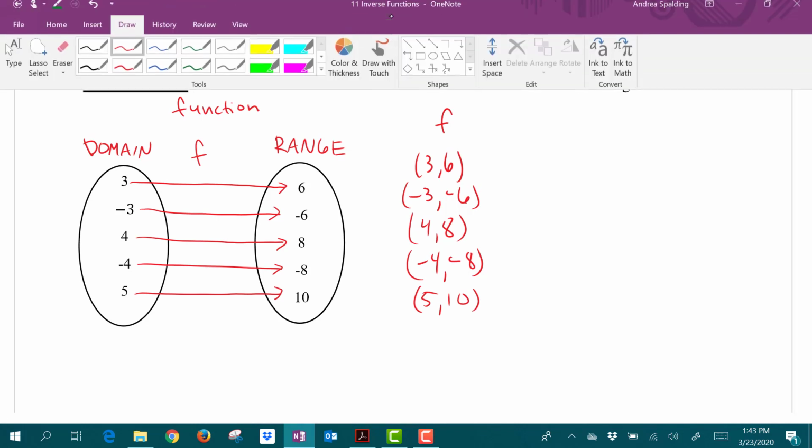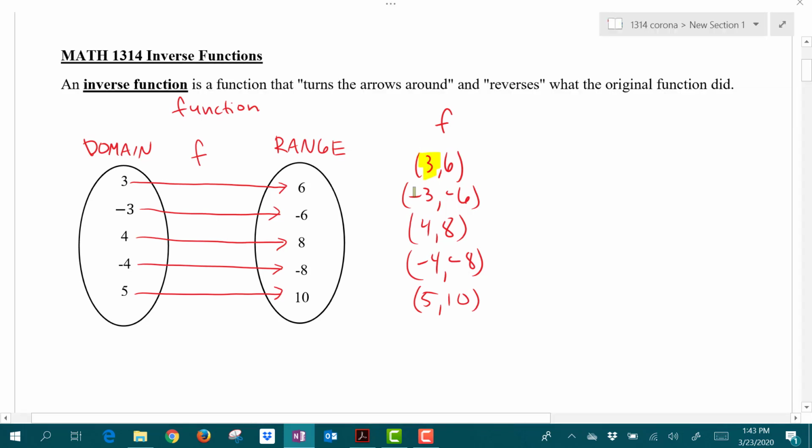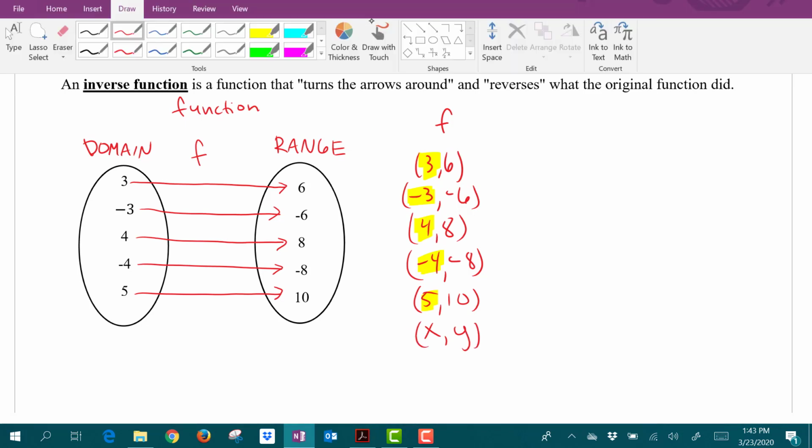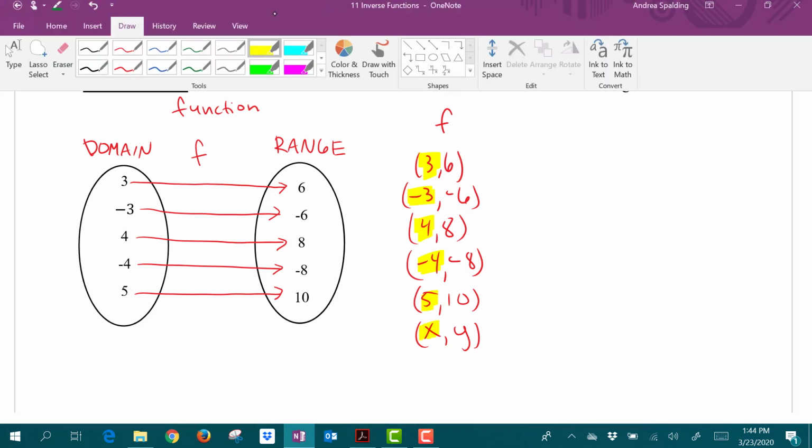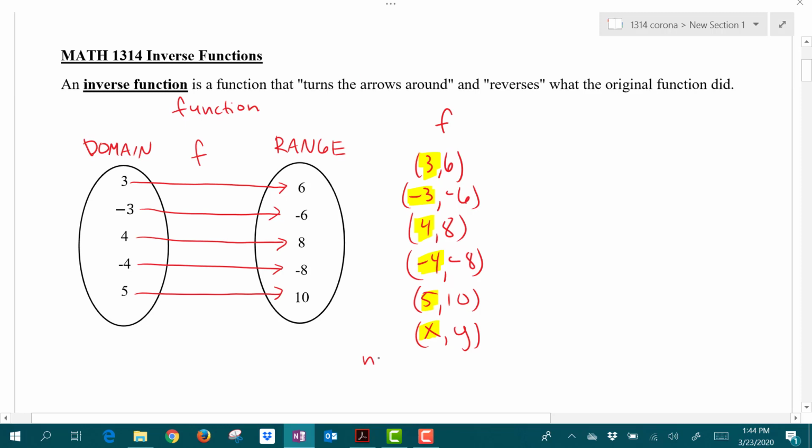So when we look at this list of ordered pairs that represents the function, every first coordinate, or every x value, you remember, is only there one time. So that's also significant again, that we have no repeated x values, so therefore a function.